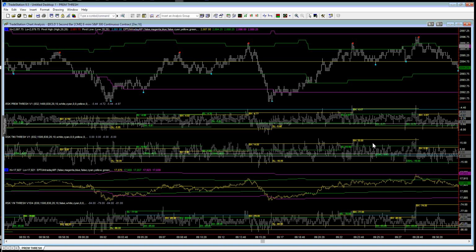Now, this situation right in here called for a long trade, because you could just see the divergence here. Nice divergence had developed on the ticky as well as on the YM, but not so much on the ES. So you had to be careful there.